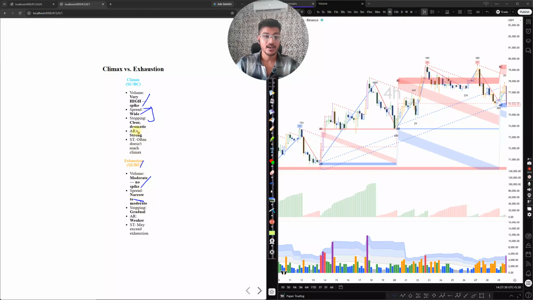The stopping action in climax is very dramatic, whereas in exhaustion the stopping happens gradually. The automatic reaction in climax is very strong and comes very quickly, whereas in exhaustion it's weaker and happens gradually.